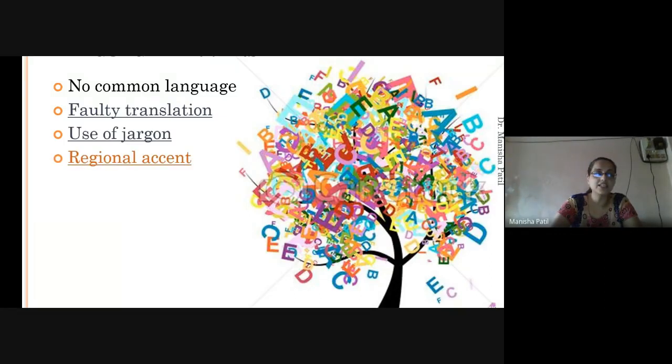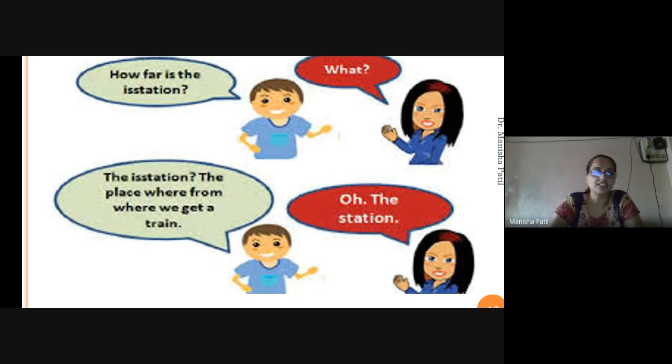Next is regional accent. Now see this conversation. How far is the station? What? The station, the place from where we get a train. Oh, the station. So this is the accent.